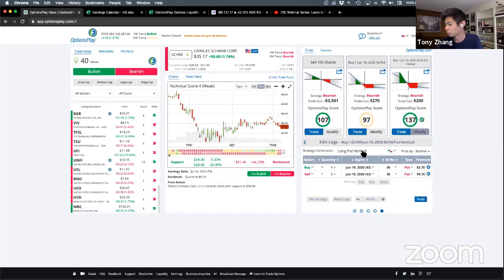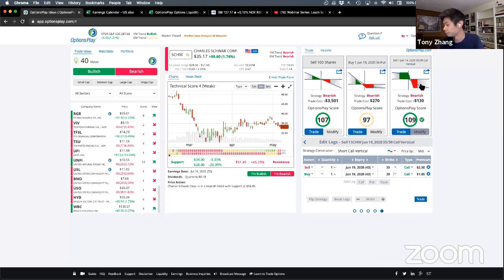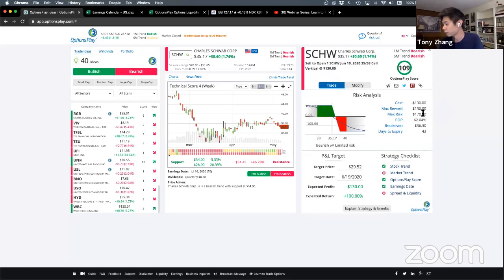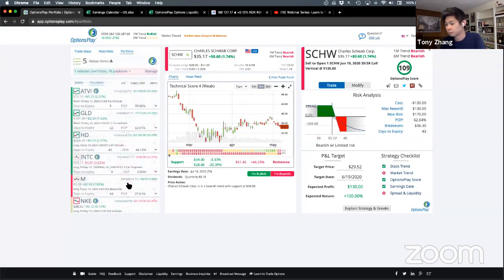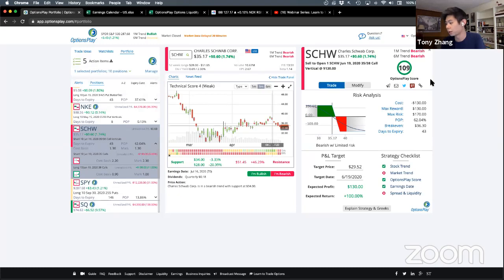The call credit spread that we sold on Schwab was the 35.38, I believe it was. We sold it for $1.30. It's still trading at $1.30, so it's flat. It hasn't moved at all.